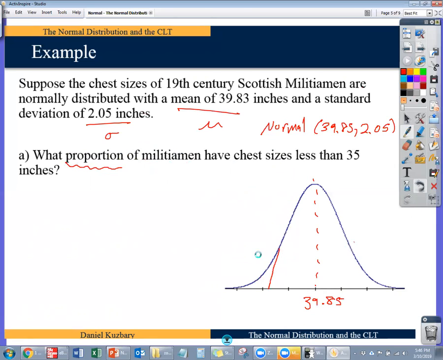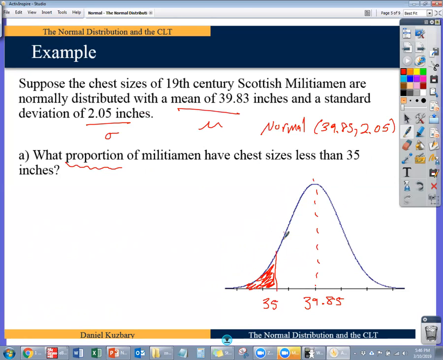So on my number line, 35 could go right here because it's less than 39. And I want to find the proportion of people who are less than 35 in their chest size. Again, I think it's funny that we're talking about people's chest sizes. But anyway, we want to find the area of that region.